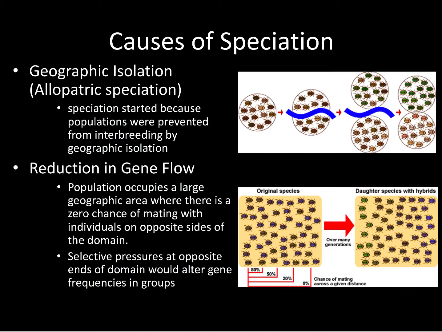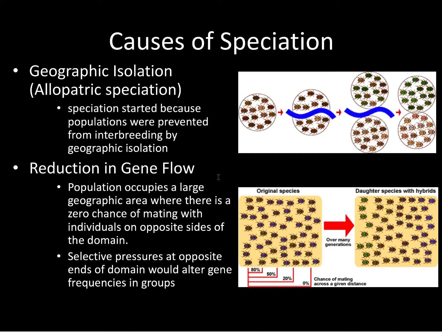Here we have a population of beetles, and a river separates them. The beetles on the north side of the river cannot breed with the beetles on the south side, and eventually they're isolated long enough that they have different characteristics, so when they come back together they can't breed anymore. That's an example of allopatric speciation.